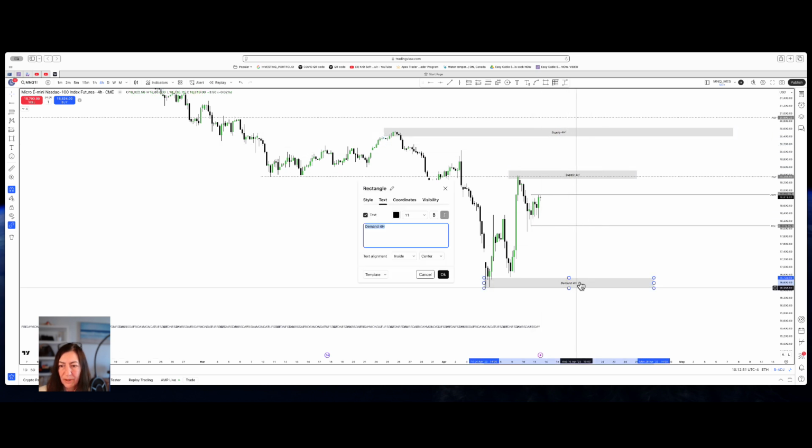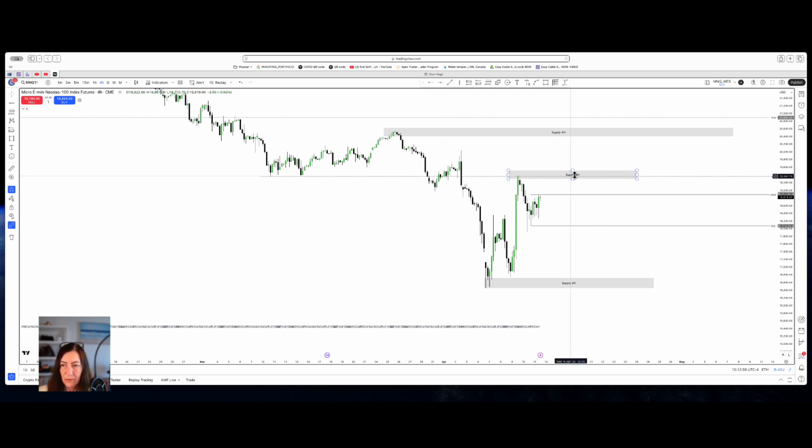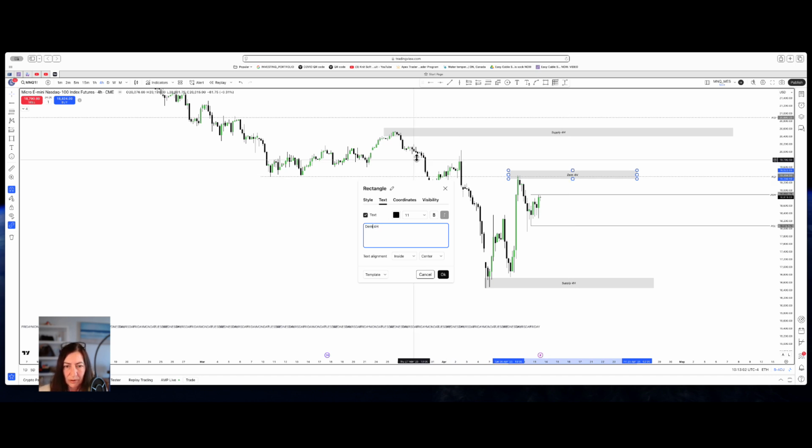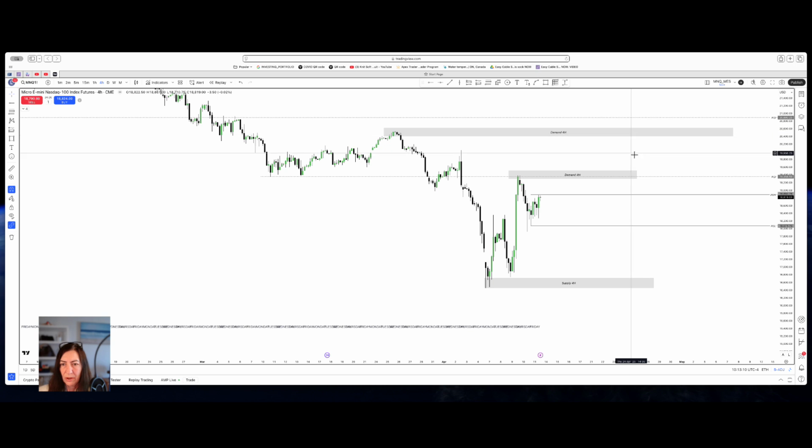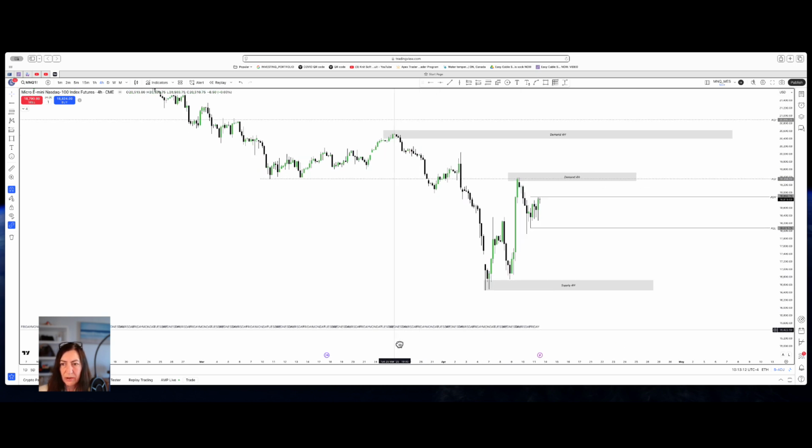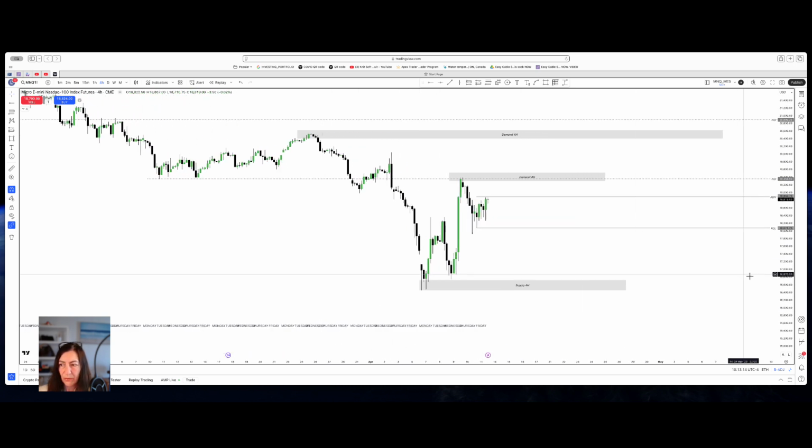Sorry, I mixed them up. This one is supply. And this one is demand. And this one is demand. Okay, so let's just take a closer look at price action on the 4 hour.